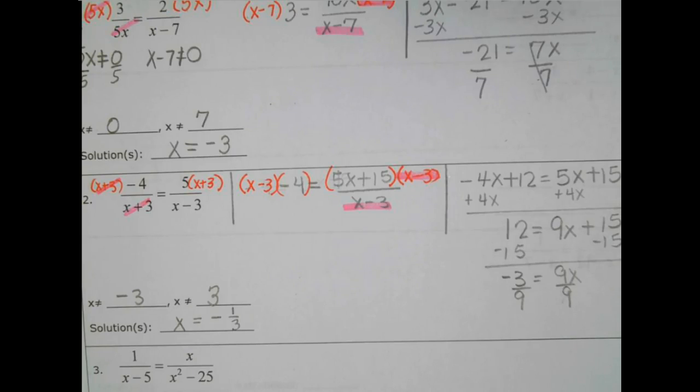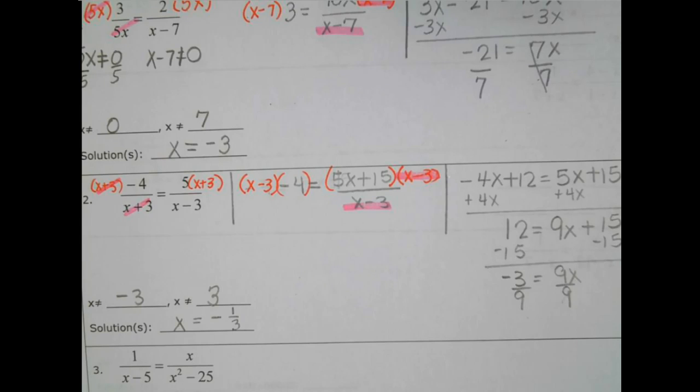When you get down here to the end, please notice that negative 3 over 9 is not equal to negative 3. The 9 on the bottom is bigger, and so it reduces to negative 1/3. Any questions?